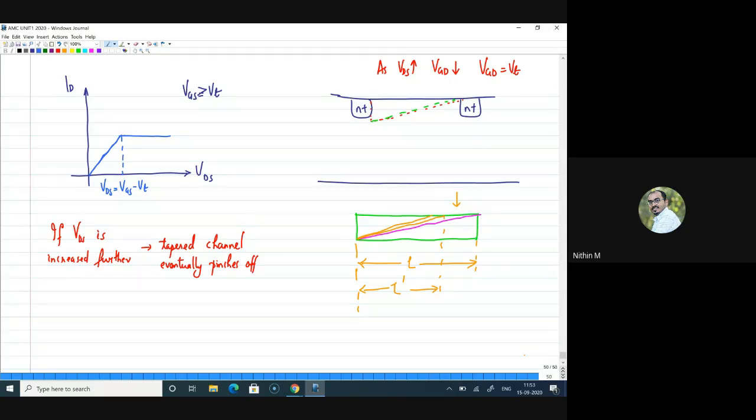Any responses? Do you agree, or did you understand the idea that the current will not increase further because there is no channel, but current will flow further?